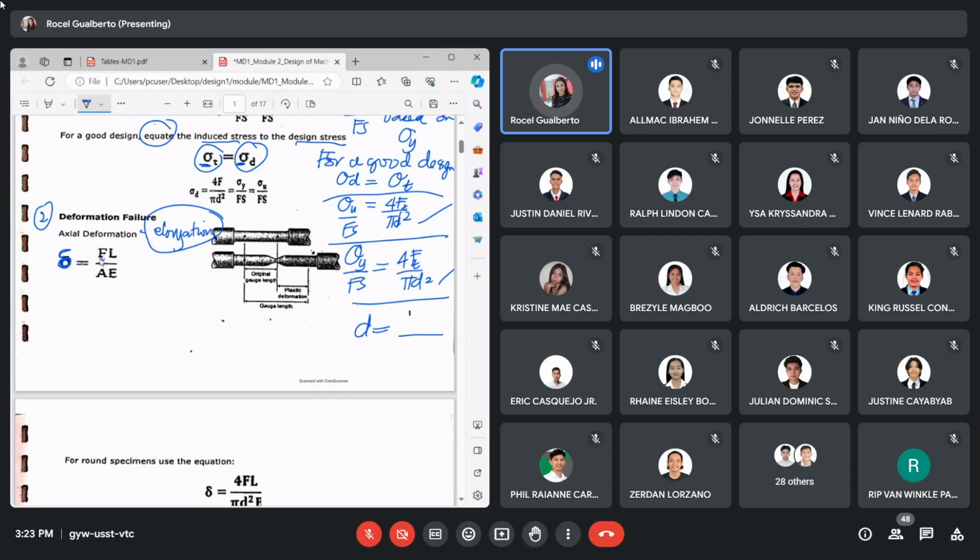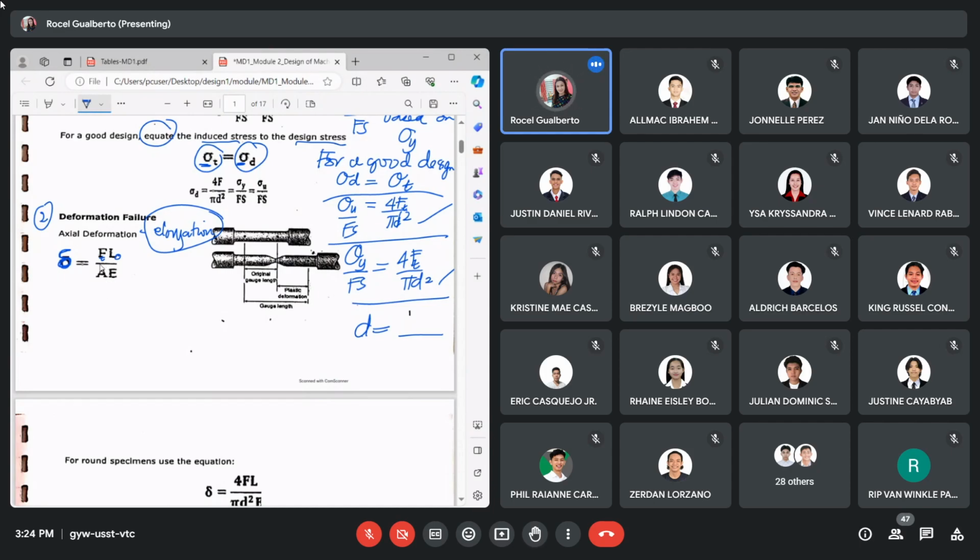So, we will be using here the tensile load. This L po is the original length, A is the area ng cross-section, and then E is called the modulus of elasticity. Okay? Again, different materials po, you would have different values of E. Okay? So, magkakaiba po yung value nila.